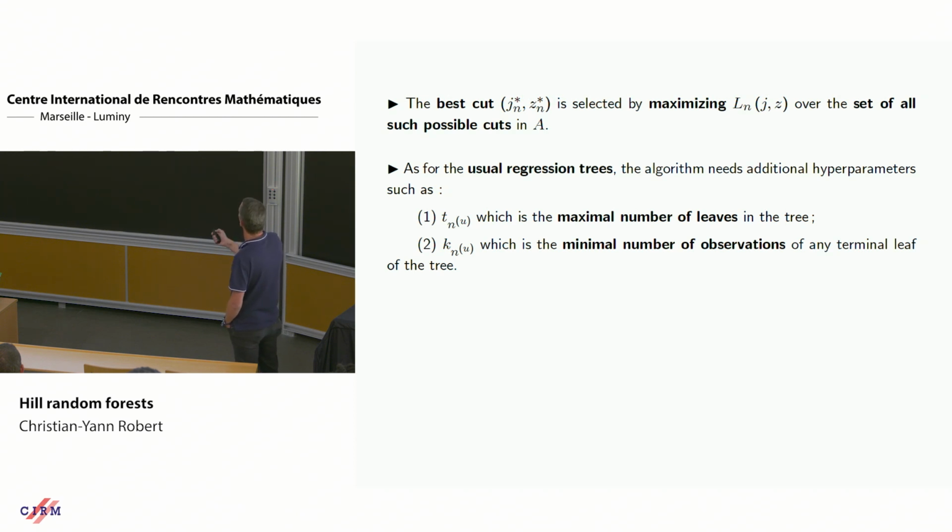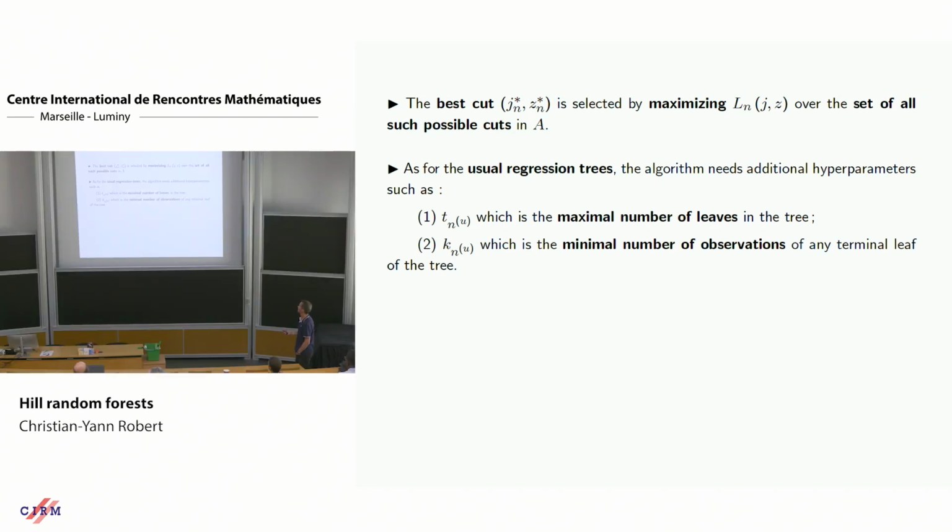subset. You do that iteratively, and then you have to stop the growth of your tree. There are several ways to do it. For example, you can fix the maximal number of leaves that you want in your tree, or you can decide to have a minimal number of observations in each leaf. In this way, you stop the growth of your tree.